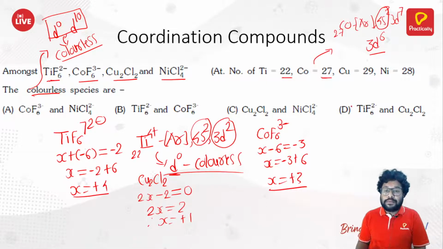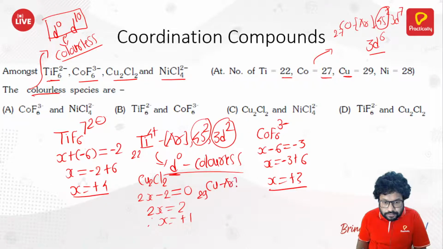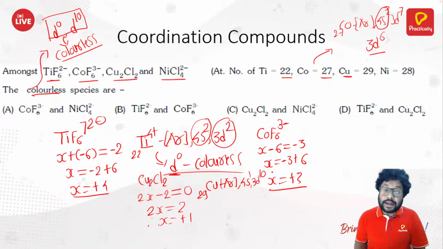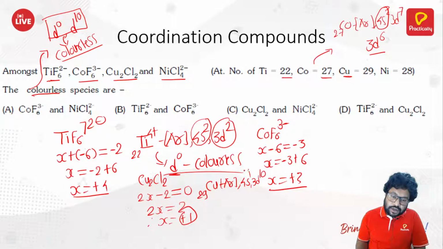What is the atomic number of copper? 29, right? But the electronic configuration of copper is argon 4s1 3d10. It has an exceptional electronic configuration, right? So 4s1 3d10 and copper is in +1, so this +1 electron goes from the s.